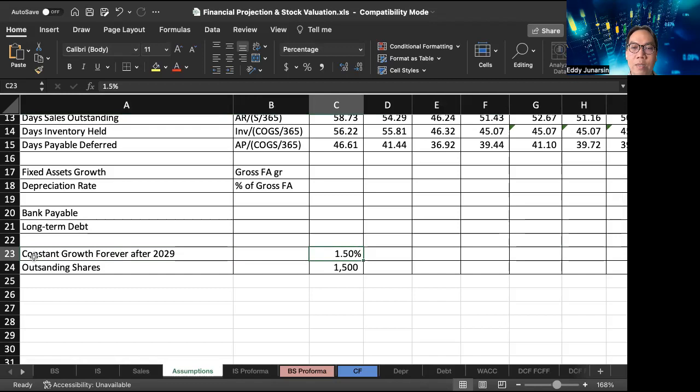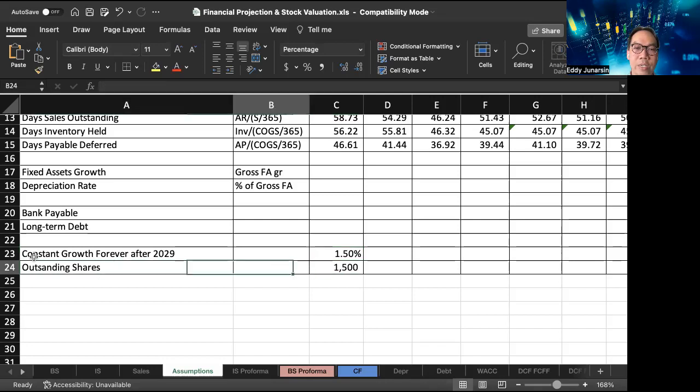But in real life, this could be part of our research to determine what would be the constant growth forever of the company or the project or any kind of entity after the analysis period ends.